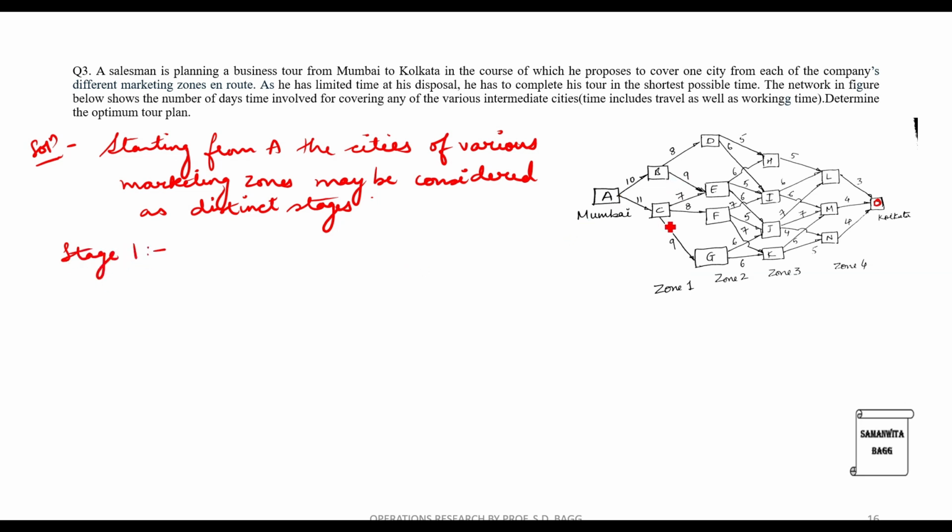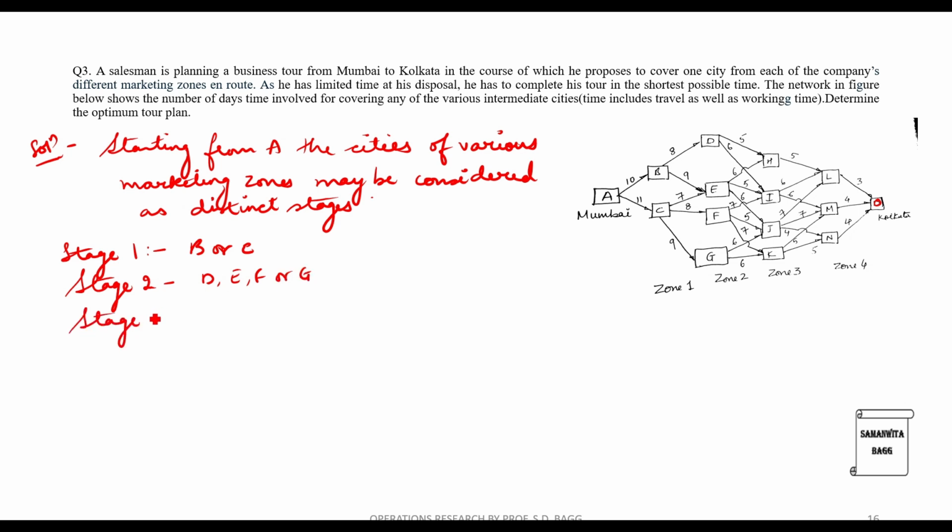A will go to either B or C. So B or C is stage 1. Stage 2 is, it will go to D, E, F or G, any one.